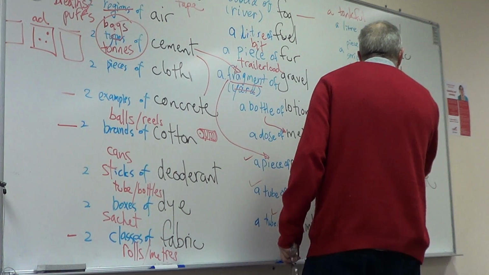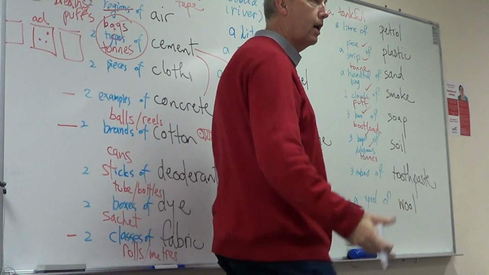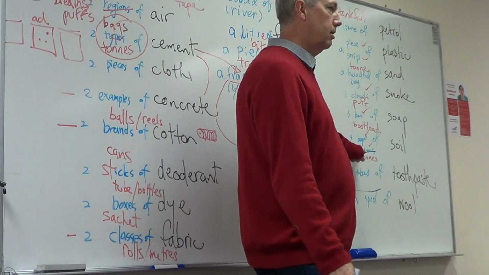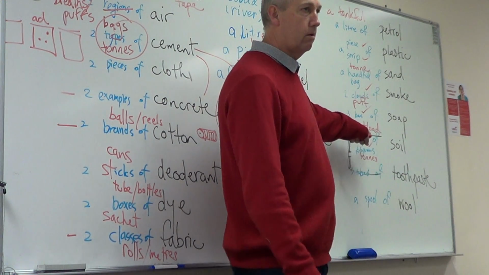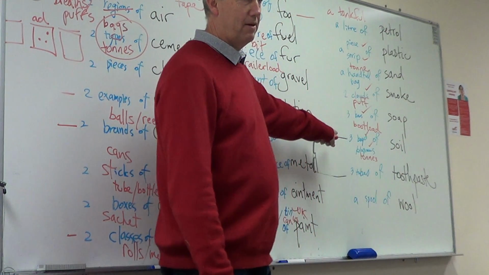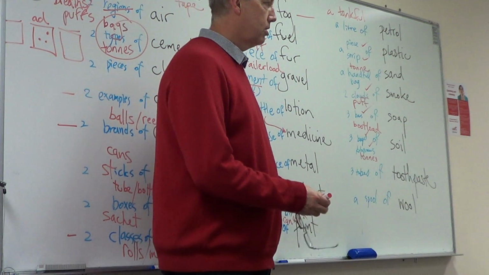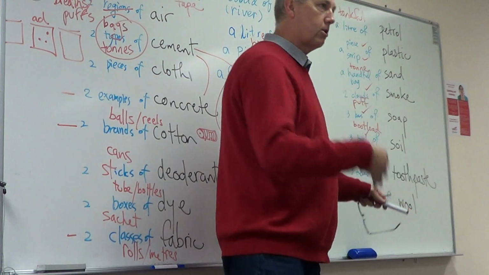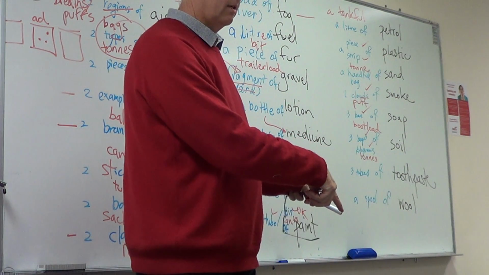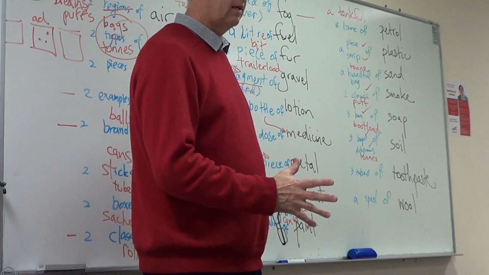A boot load, what's a boot load? Get your boot out, fill it up with soil. What do we mean, a boot load? A car. Right, the car boot. Americans call it the trunk. You know, the back storage part of the car.